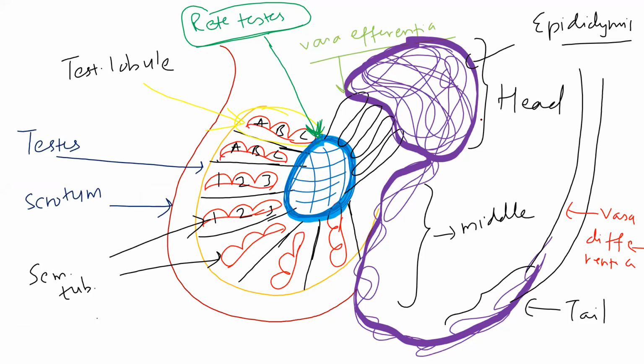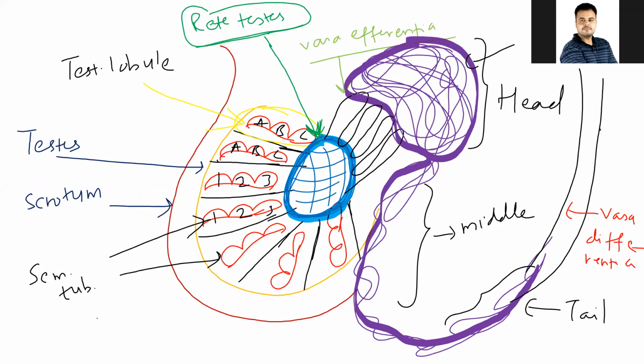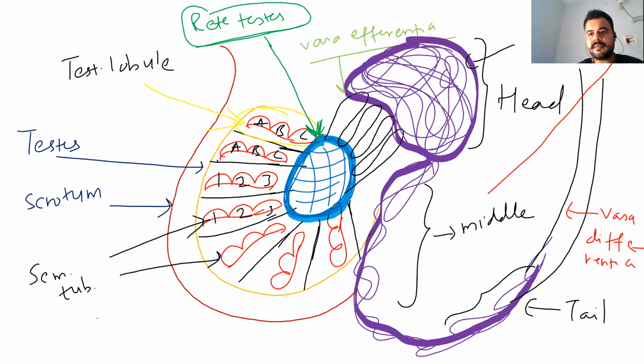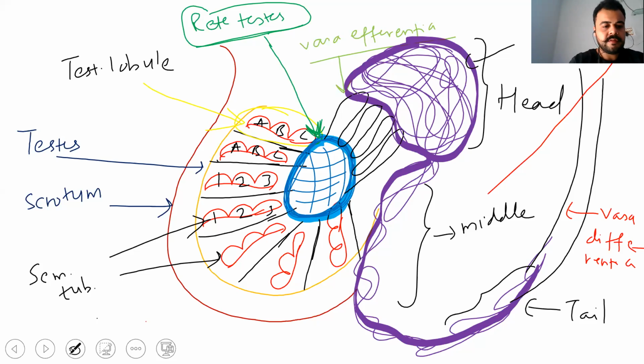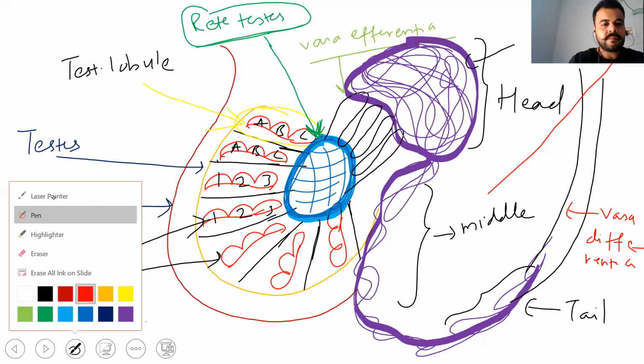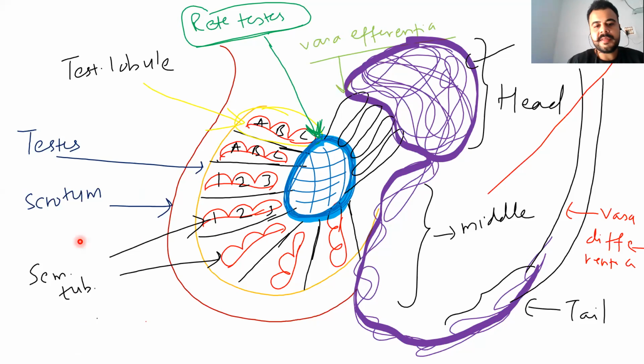This is how to understand. Okay, we'll talk about this. So as you can see, once again, this is scrotum, inside testis is there. You can see these are testicular lobules. Inside each of these there is a seminiferous tubule.